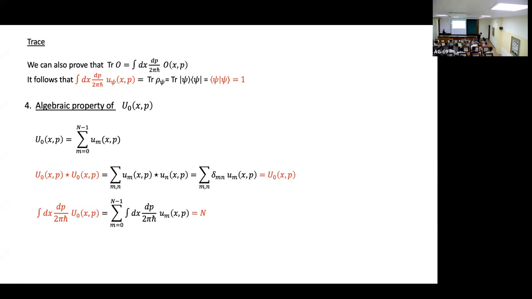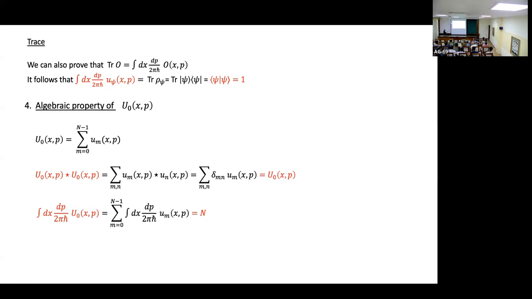And the integral of u naught, I forgot to say, because of the identification of the trace with the integral, the integral over the phase space becomes trace, and as a result, for the projection operator, it just becomes 1.